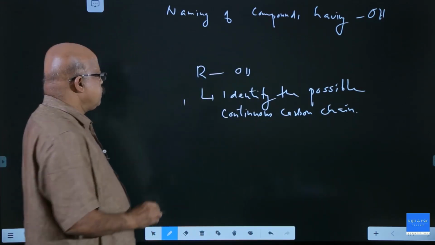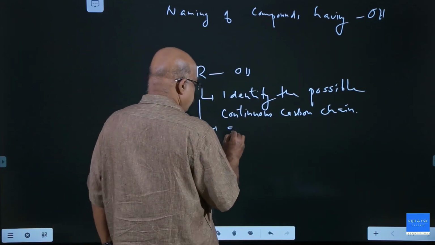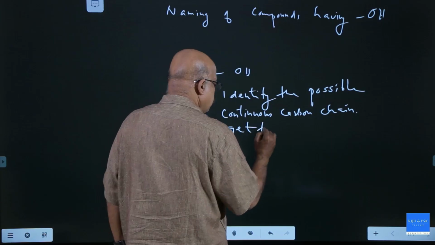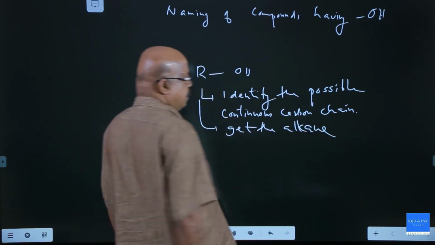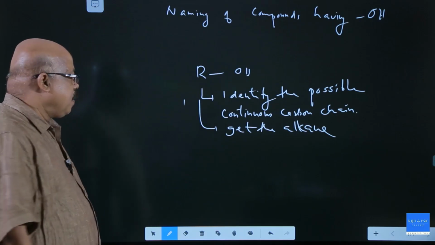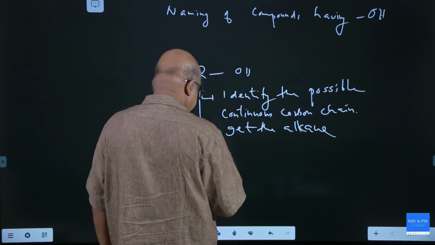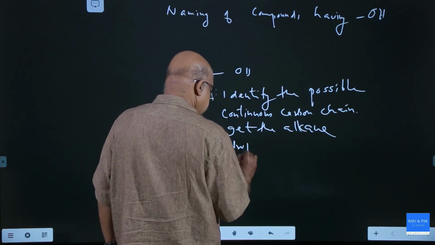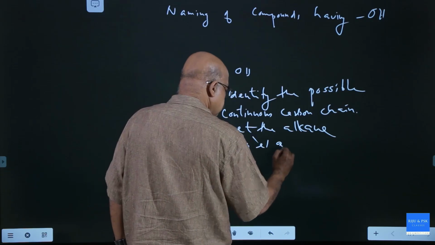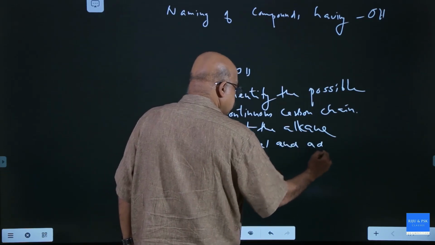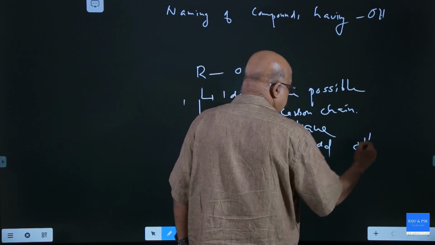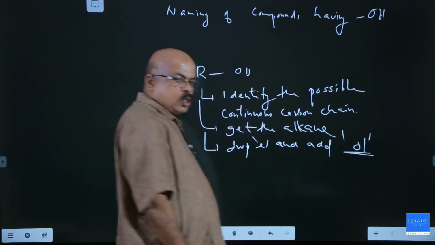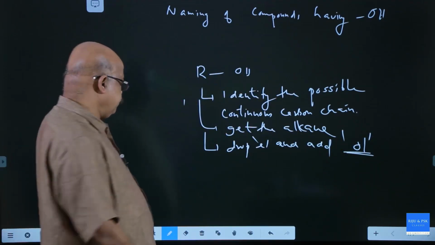Then from this get the alkane, then drop E and add ol. So name is alkanol.